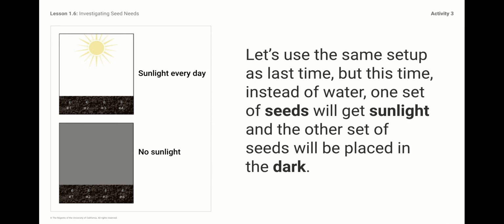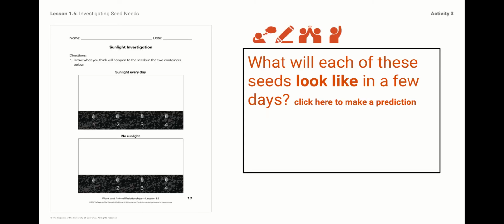So what do you think is going to come next? Exactly, a prediction. We're going to try to figure out which of these samples will grow. So what will each of these seeds look like in a few days? Click here to make your prediction. You can say, I think one will grow, and I think the no sunlight sample will not grow.